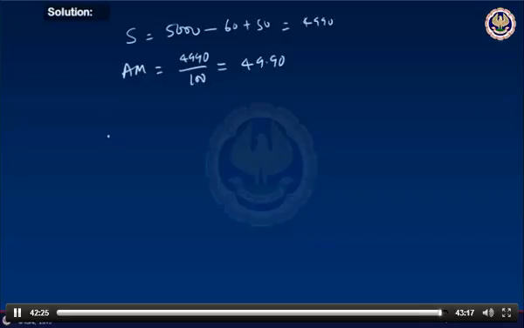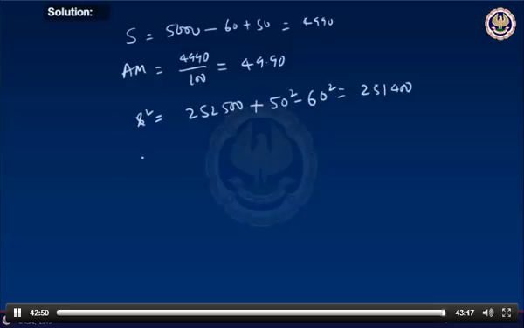Then the corrected sum of squares: originally it is 2,52,500, minus 60 square for the wrong one, plus 50 square for the corrected one, which is 2,51,400.